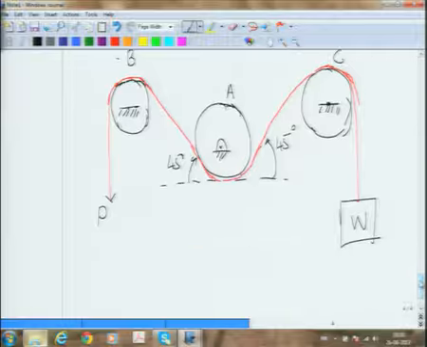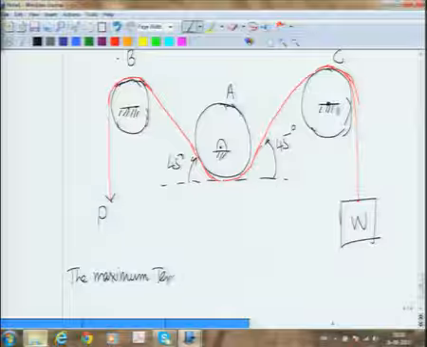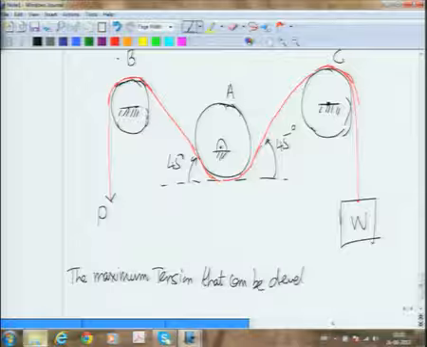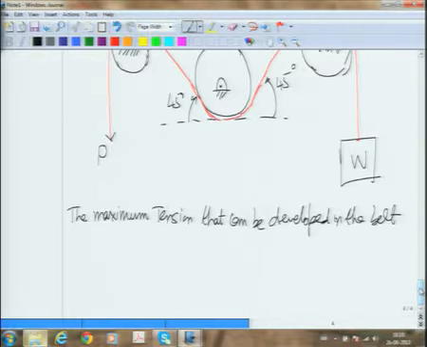Now, let me first write the problem. The maximum tension that can be developed in the belt is 500 newtons.